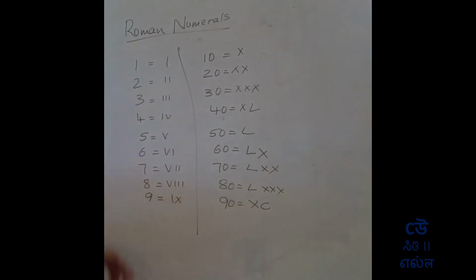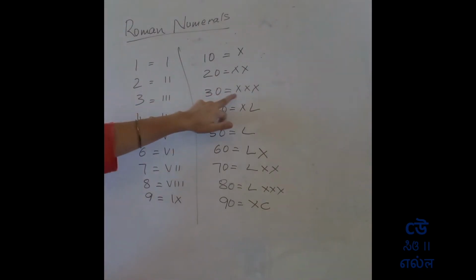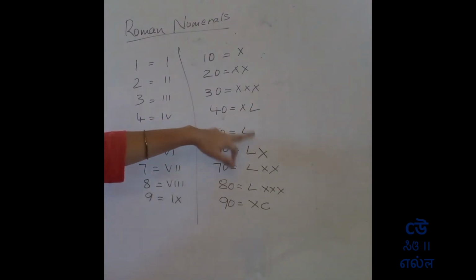Okay, understood, children? If you keep this in mind, then you can completely solve whatever problem they give you. So 1x. 2 you have, so 2x you will write here. 3 ones you have, so 3x. Next 1v, it's 1v, so we are writing xl.